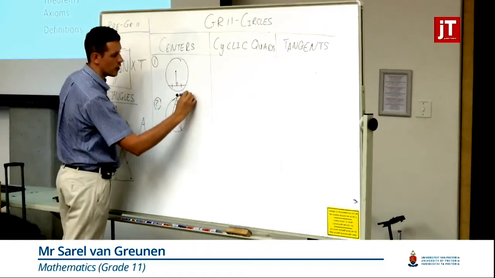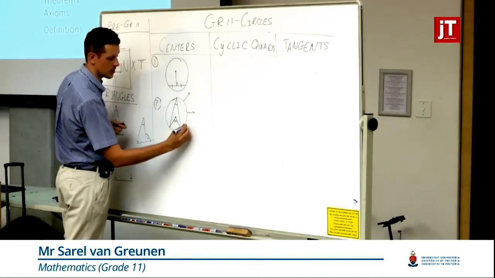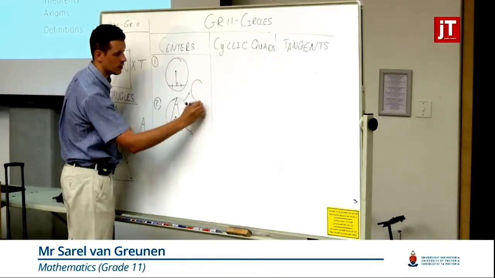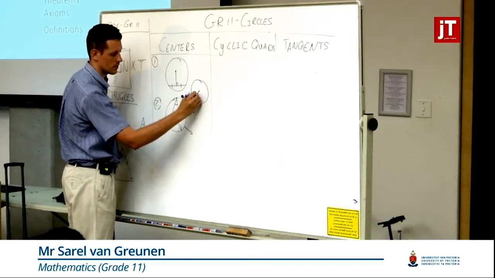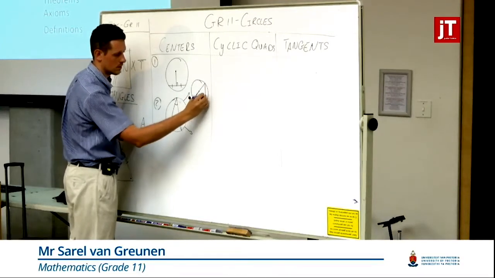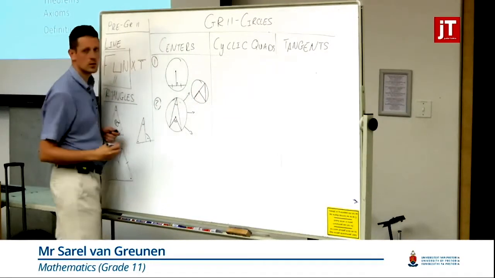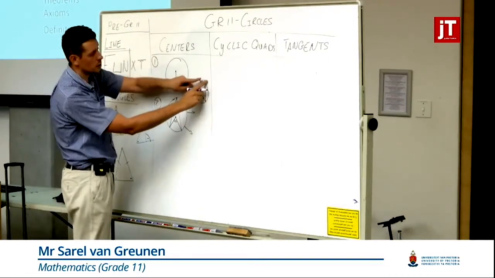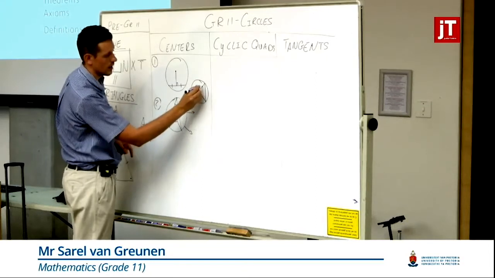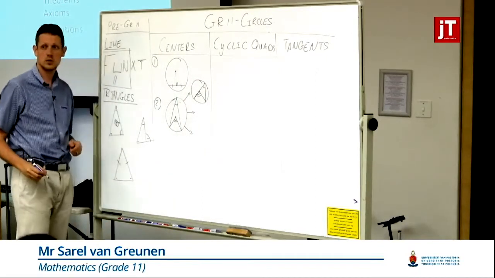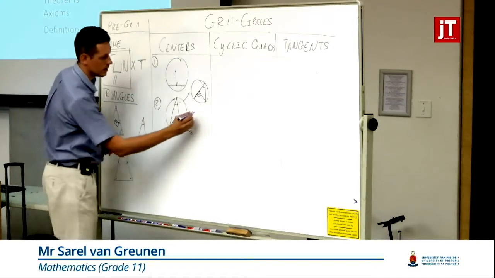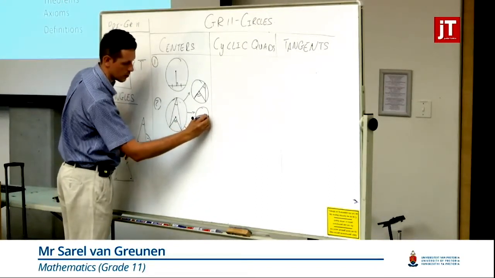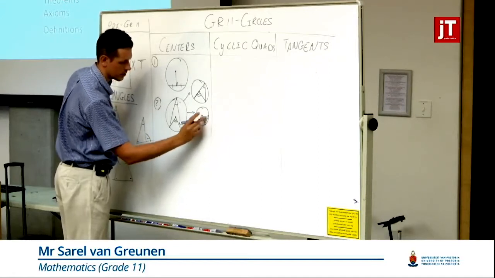Understand that there are 3 special cases of this one. The first one looks like that. Angle at the center is still twice angle at the circumference. The second special case looks like that.